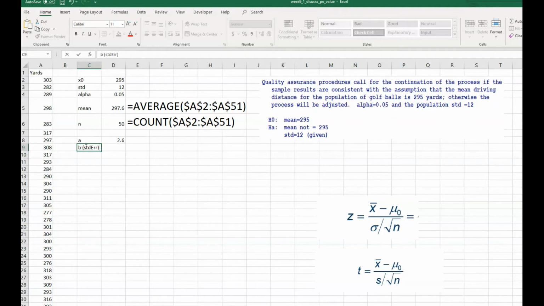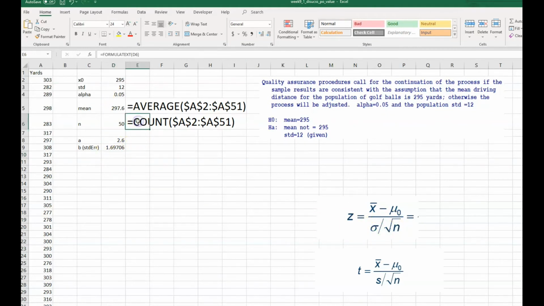It equals sigma, which is given, divided by the square root of n. So B is actually the denominator.